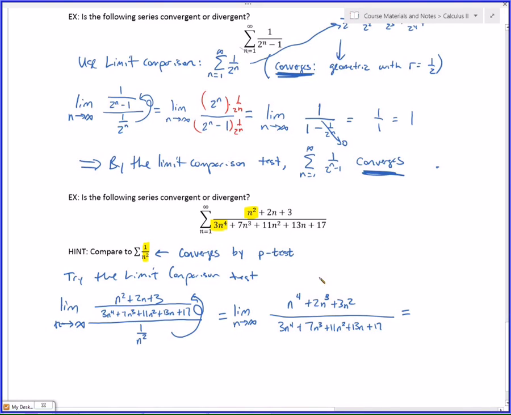Now, what is the limit of this rational expression?